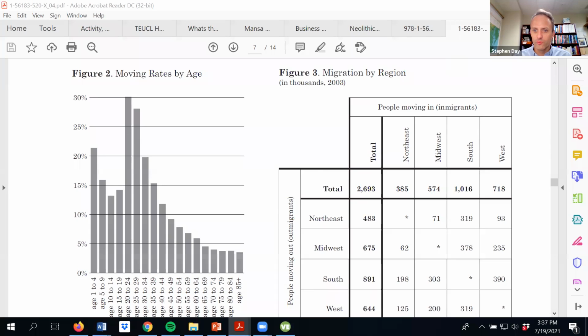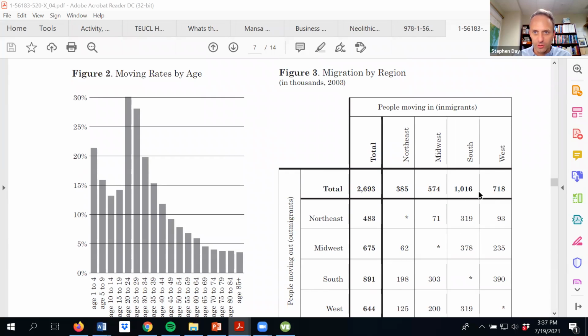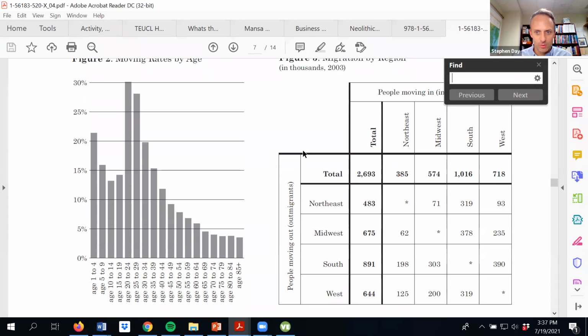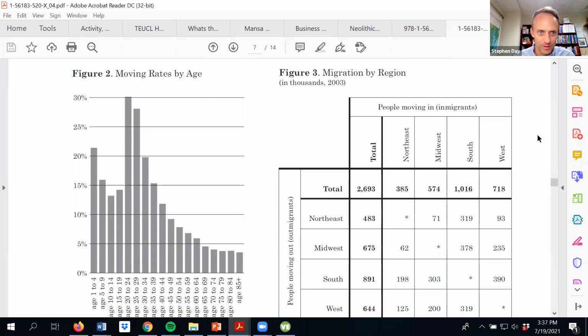So where do people move? This graph on the right is a little harder to interpret, but maybe somebody can help me with that. Can somebody help me with what these two graphs mean? Let's start on the left first. Moving rates by age. Who moves the most?